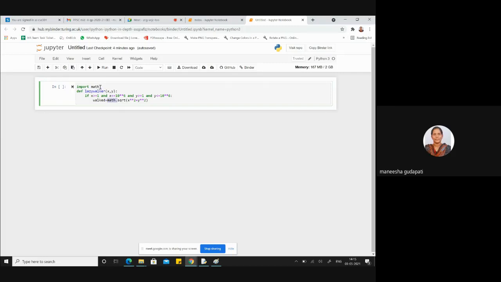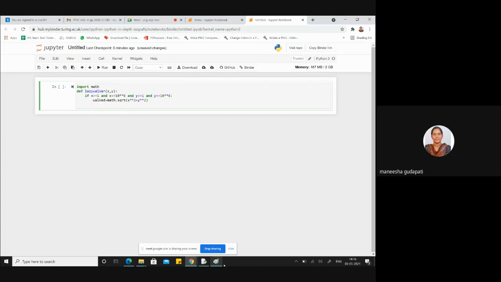By using the import keyword, you can import predefined modules as well as user defined modules. If you want to import any of your previous Python programs, you can import it. In the math module you have a function called sqrt. If you give a value to this sqrt, it will provide you the square root of that value.